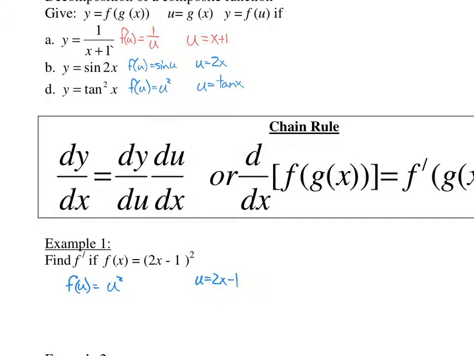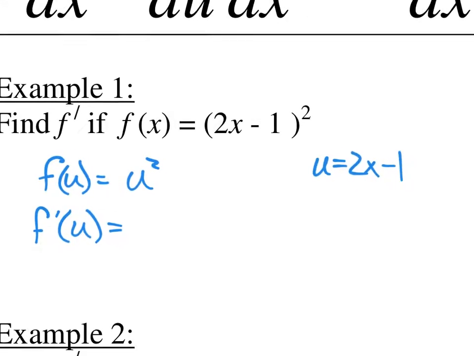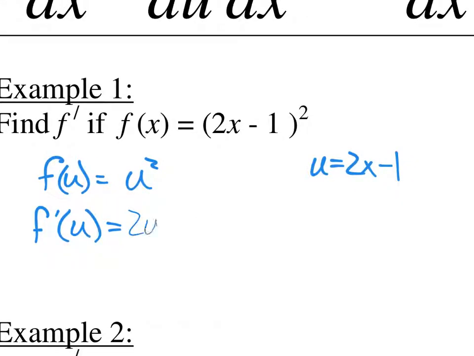So, what's the derivative of f of u? It's 2u, right? What's the derivative of u with respect to x? 2. Okay? So, f prime of x is going to be 2u times 2.